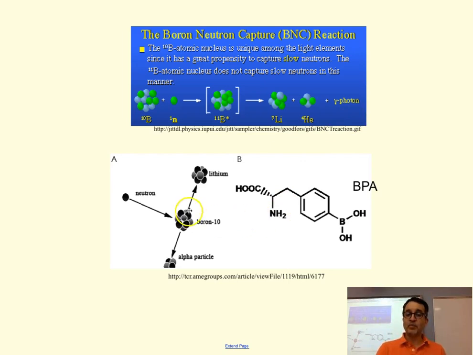All right. So this is quite nice because that alpha particle, that nucleus of helium, is the one that can then destroy those tumor cells. All right. Borophenylalanine is like phenylalanine, but it has over here added this borono group with these two hydroxyls attached to it. Okay.